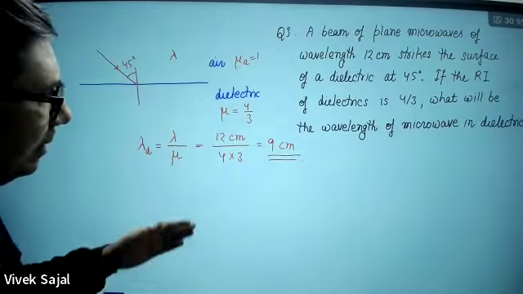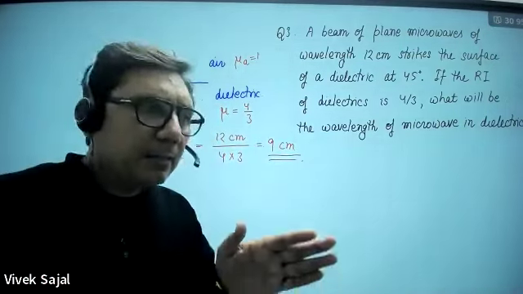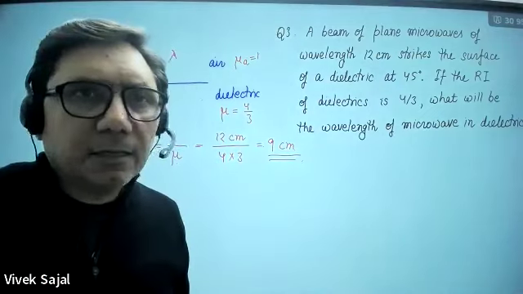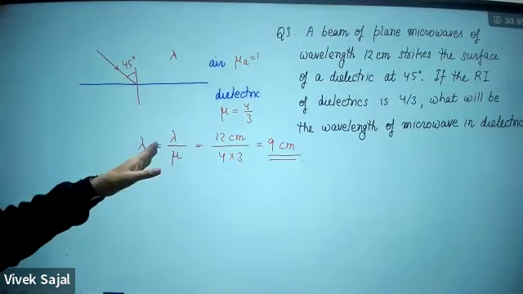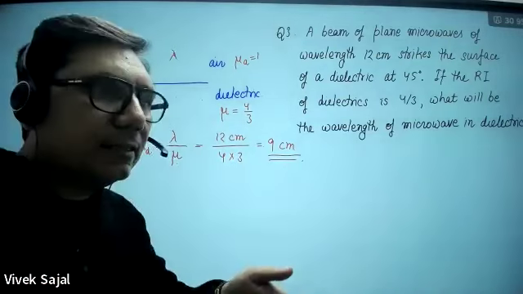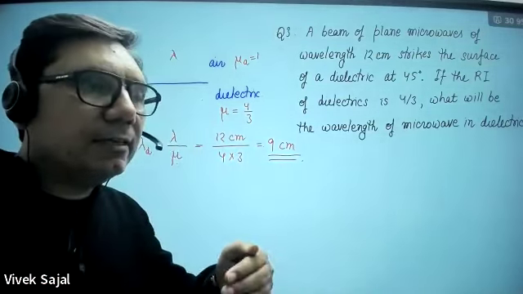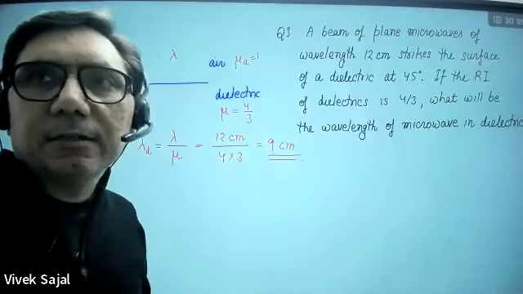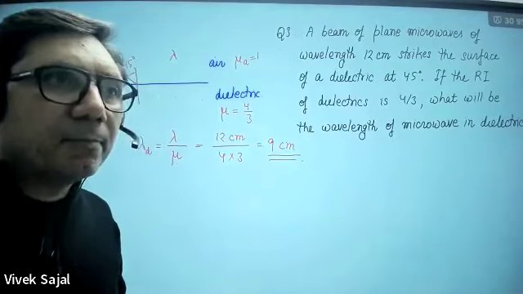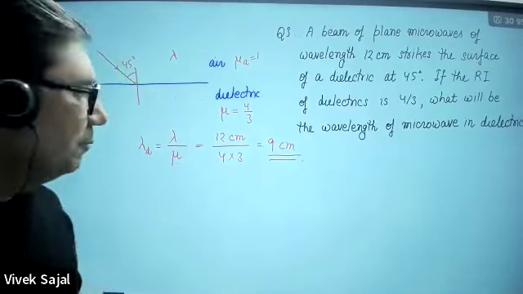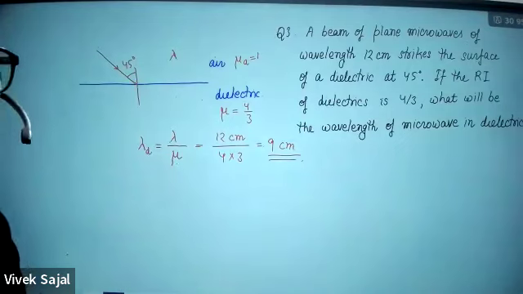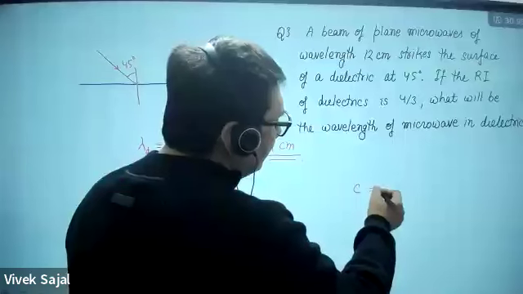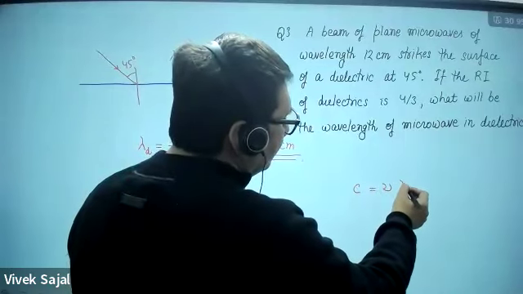When light is traveling in the air and then enters into a medium, the refractive index changes. As a result, its speed is going to change, and wavelength is going to change. Only frequency remains the same. So in the air, c is equal to nu into lambda.